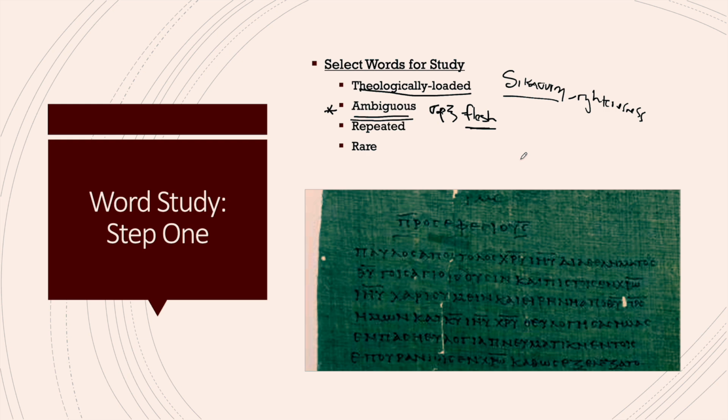And again, that word sarx might be used differently by different New Testament authors. John, in his Gospel, may use the word sarx, but it may be a different nuance than what Paul is giving. You might also want to study repeated words. So you're reading a passage in Greek, and the author is repeating a certain word, or let's say he repeats the noun related to that meaning of that word, but he also uses the verbal idea, or he might use another part of speech to convey similar meaning there.